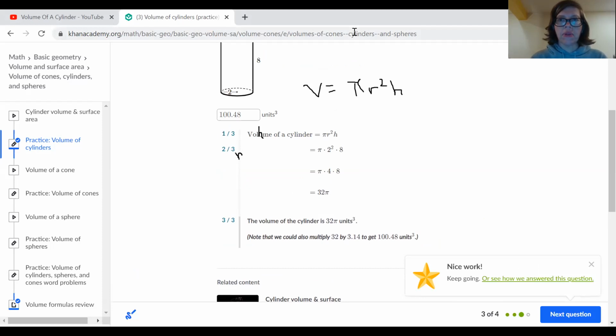All right, so let me clear this out. All right, so we have our formula, volume of cylinder, pi r squared times h. So in this case, our radius was 2, so 2 squared gave us 4. All right, height was 8, right? So we multiply 4 times 8, right?